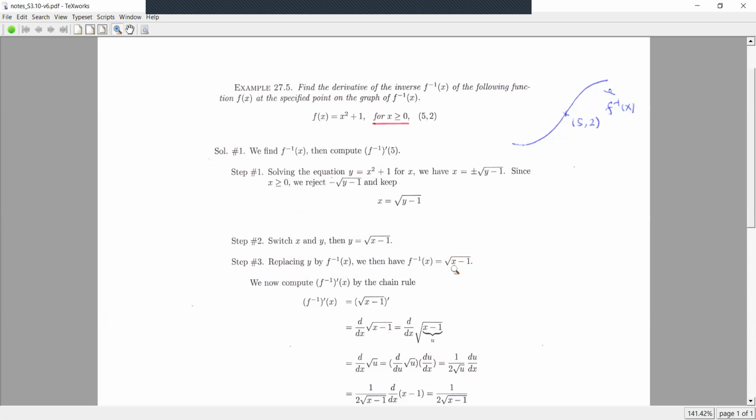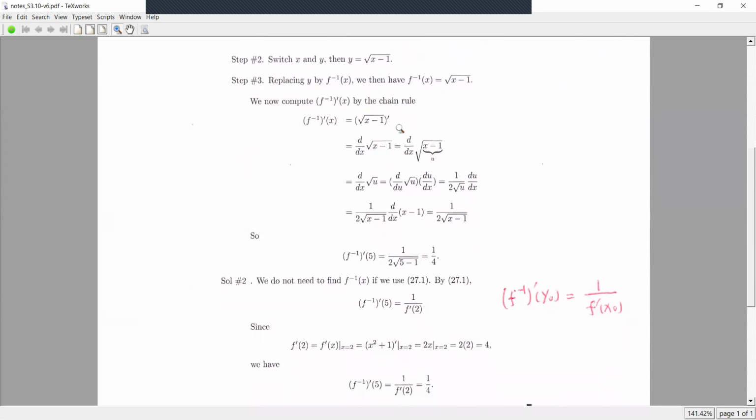After we get the inverse function, we compute the derivative of the inverse function at 5. Take the derivative of the inverse function. To compute the derivative of the square root of x minus 1, we have to use the chain rule. Let u be x minus 1.